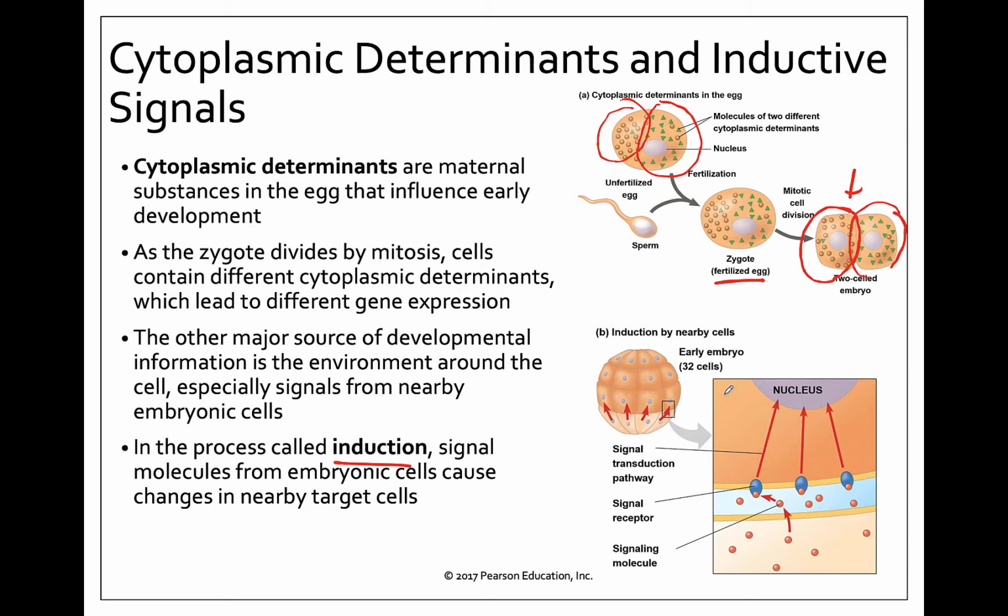So when we're developing our heart, we want our heart to all develop in the same place. So a single heart cell can induce the cells around it to also become heart muscle. That way you end up with one heart in the center of your thorax, instead of randomly dispersed heart muscle cells all throughout the body, which would not function very effectively.